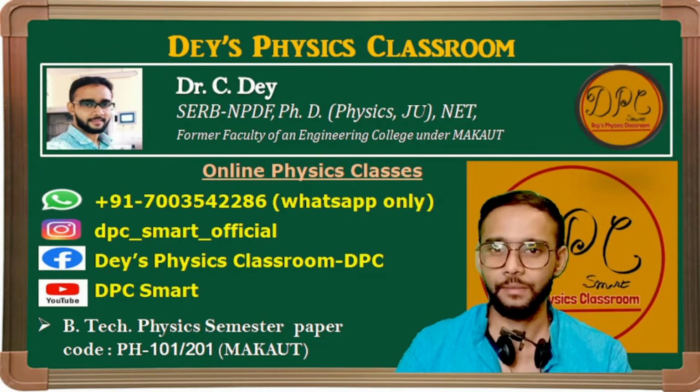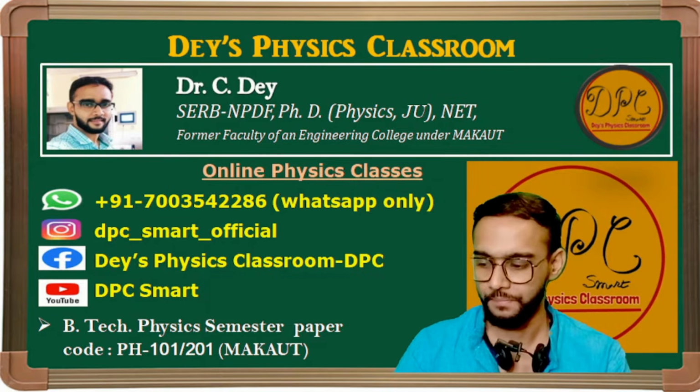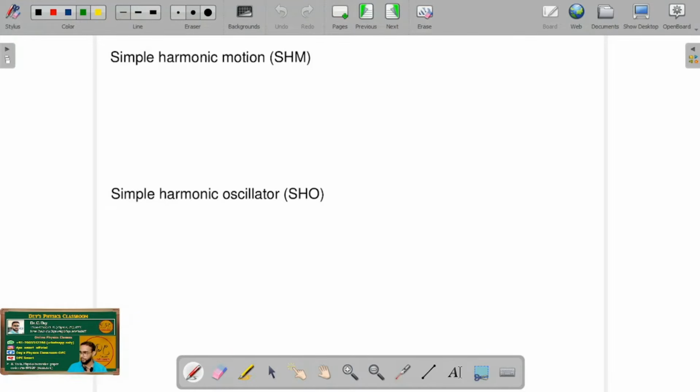Next, we will discuss the simple harmonic motion and simple harmonic oscillation. Simple harmonic motion is a type of vibration where there are a few conditions that should be satisfied by the vibrating particle.